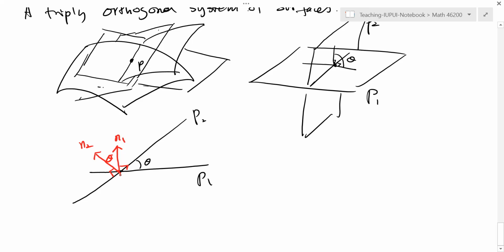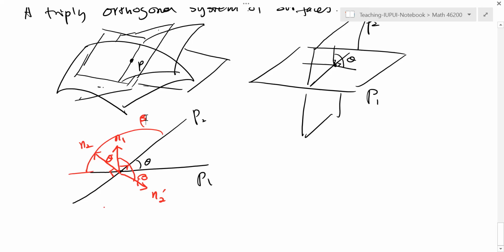If you happen to choose the other one, then you get a much larger angle, beta, and this is actually the angle, this one.